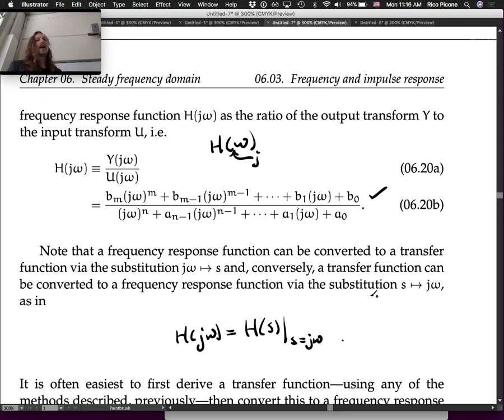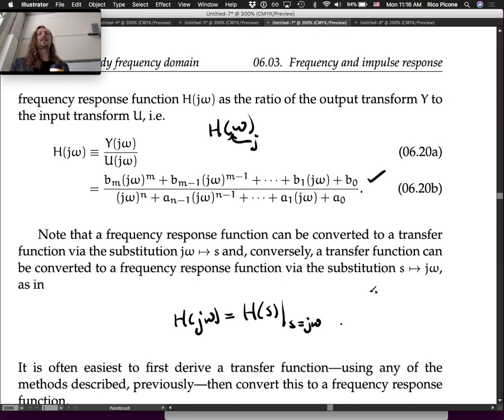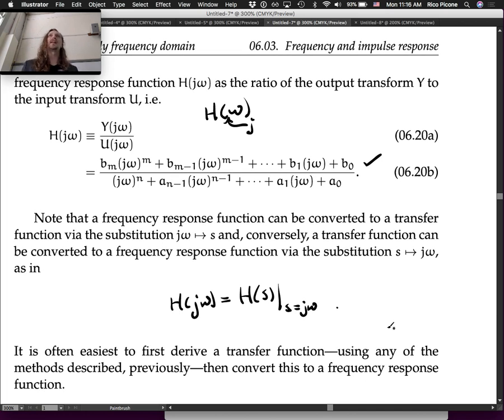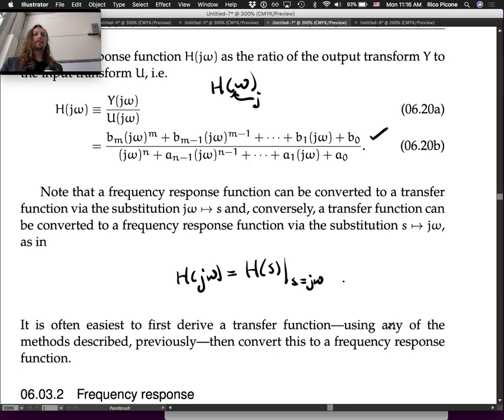And this is why we'll write H of j omega. It's like H of s, we just stuck the j omega in there for s. So it's a strange notation. It's kind of awkward, but it works. And that's what you're going to see a lot of times in the engineering literature, is the j omega in there. So it's just good to get used to it.